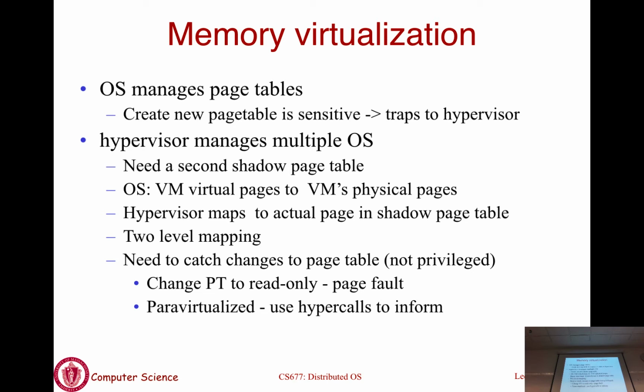That's how you make the OS believe that it is actually making changes to things like the page table, even though it does not have the ability to do so. Is that clear? That's basically how memory is going to be virtualized. You will allow the OS to make these operations which will trap into the hypervisor. The hypervisor will perform those operations for you.